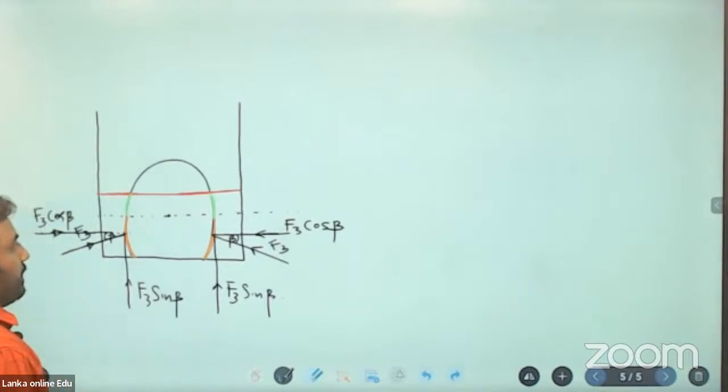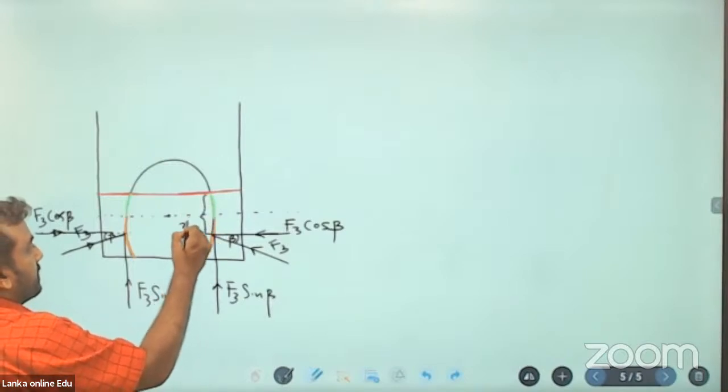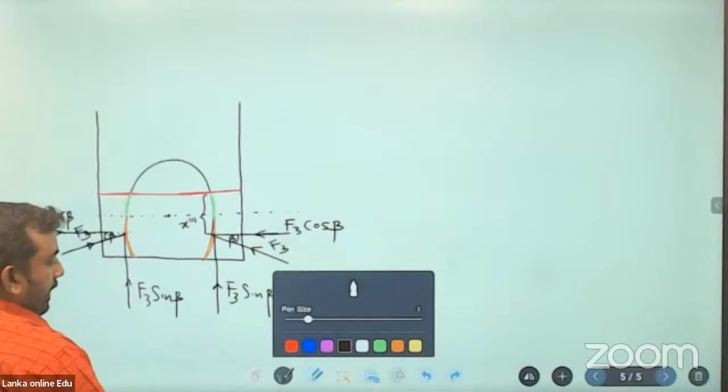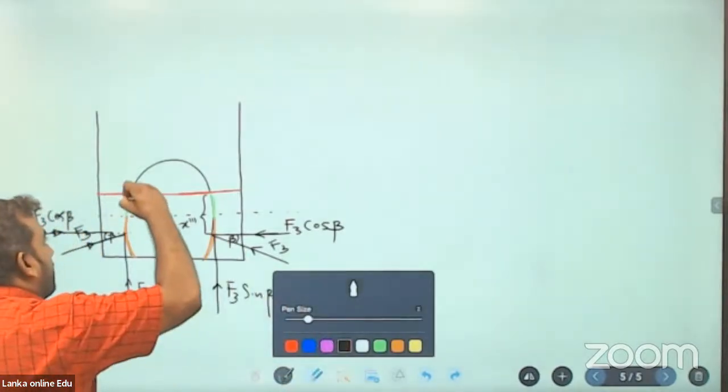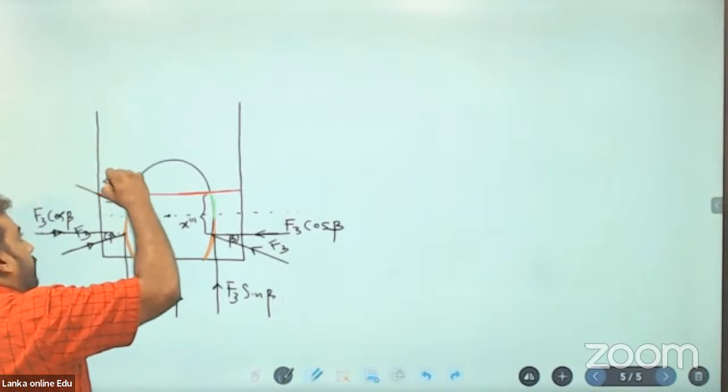Now be careful, okay? I will show here this depth is x triple dash, slightly increased. Now look at this curve surface, the force there is F4.